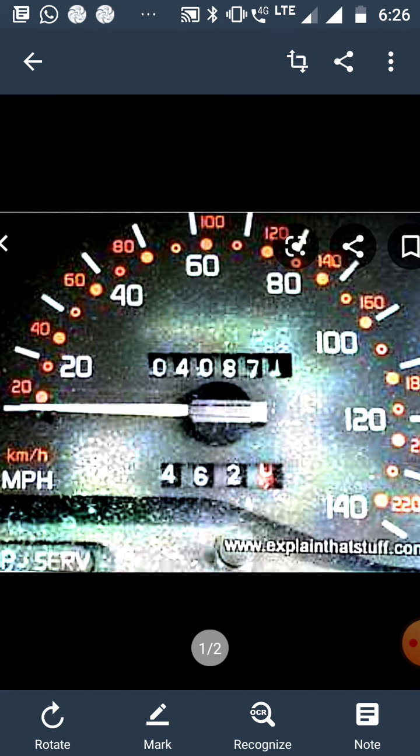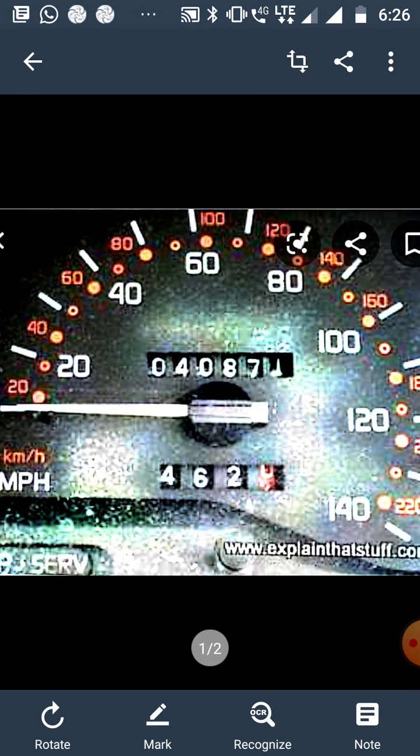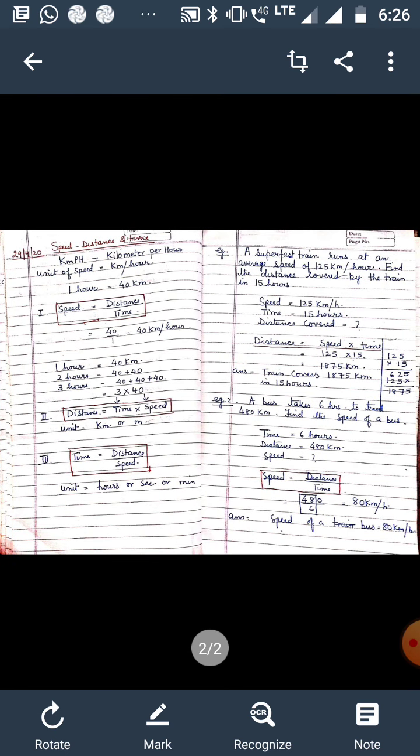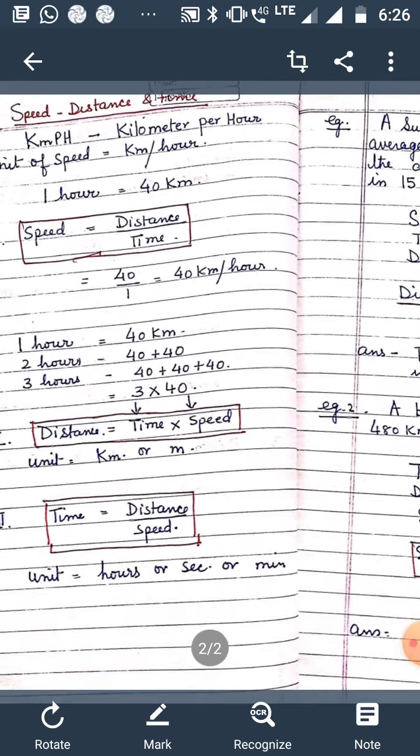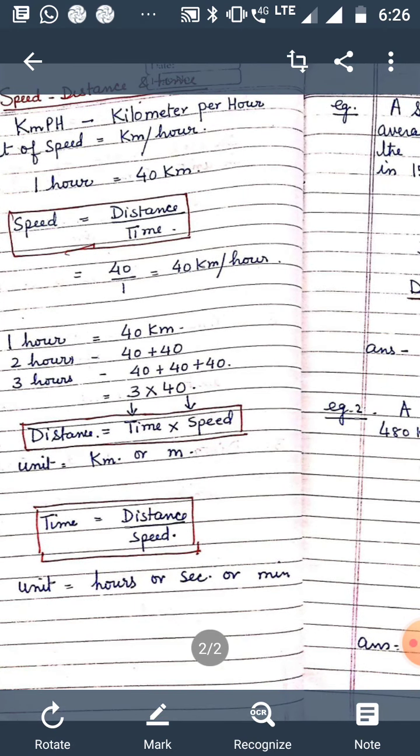If you observe a speedometer, you can see there is kmph written on it. This kmph stands for kilometer per hour, and this is a unit of speed.